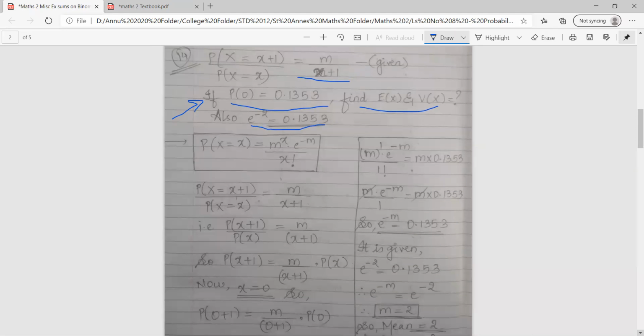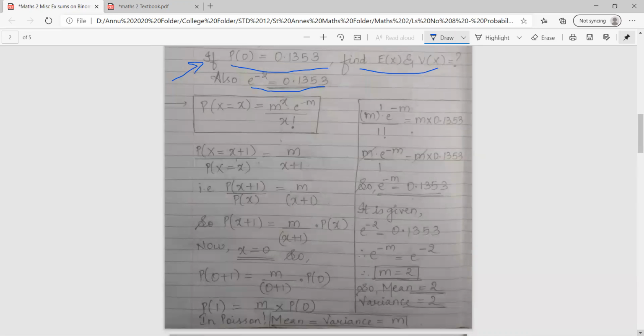So class, as the sum is of Poisson, we'll start with the formula. The basic formula: probability of x is equal to m raised to x into e raised to minus m upon x factorial. So probability of x is equal to x plus 1 upon probability of x is equal to m upon x plus 1.